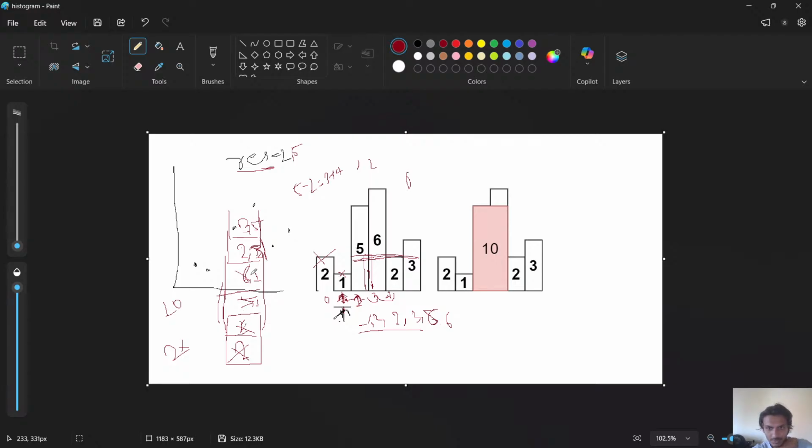Then you have 6. We have larger. So 1, 5, we complete this, and we have 2, which is smaller than the previous ones. We pop this one, then we add this one.